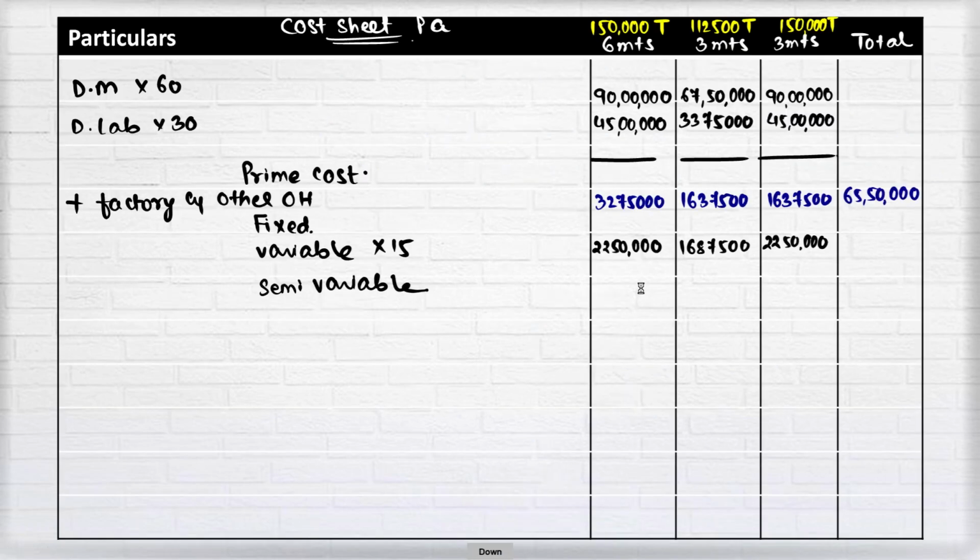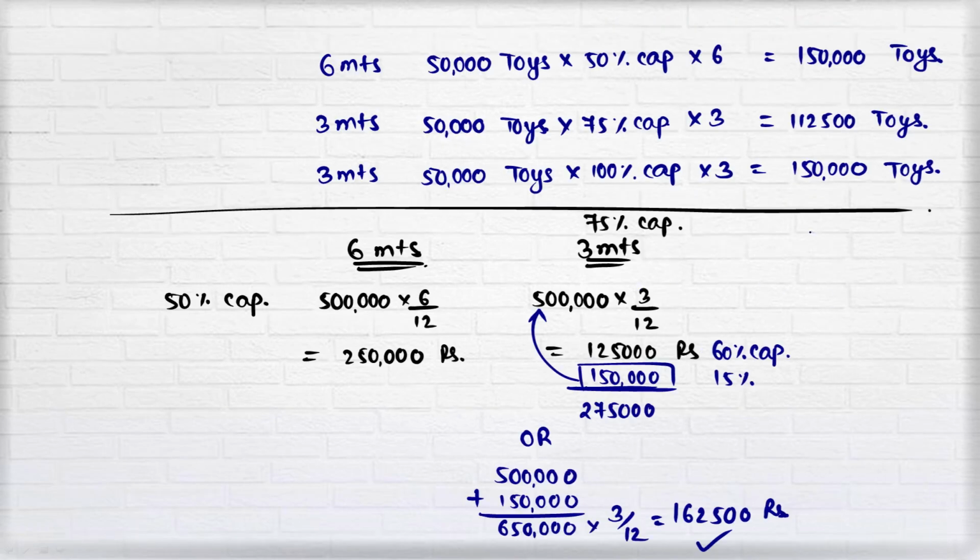162,500 will be for next 3 months, and for the next 3 months you are working at 100% capacity. So first you will be incurring cost of 5 lakhs. For how much percent capacity? 60% capacity.